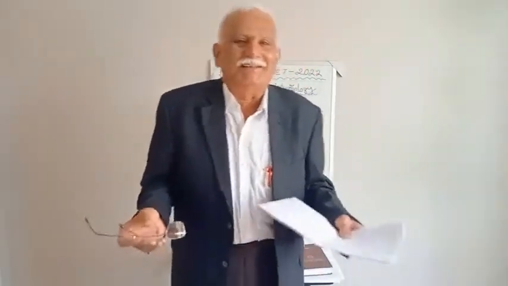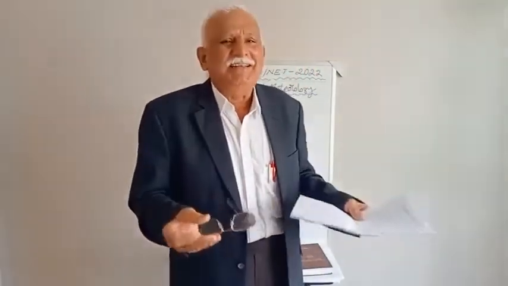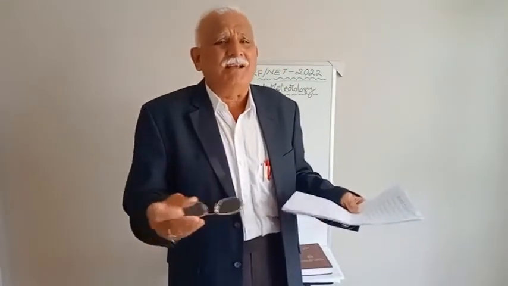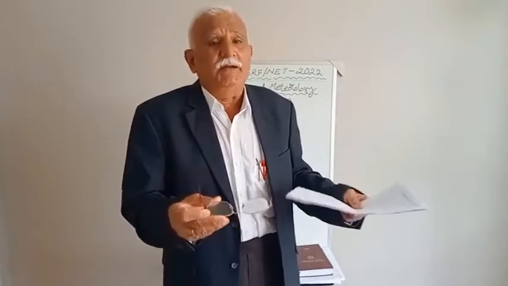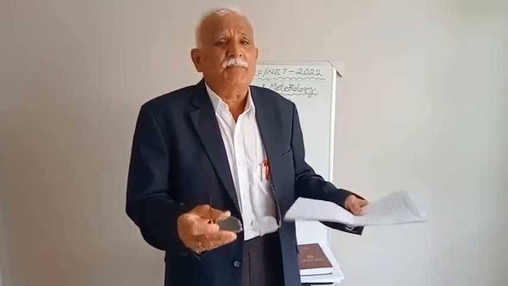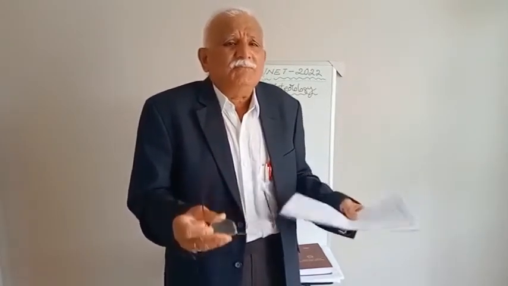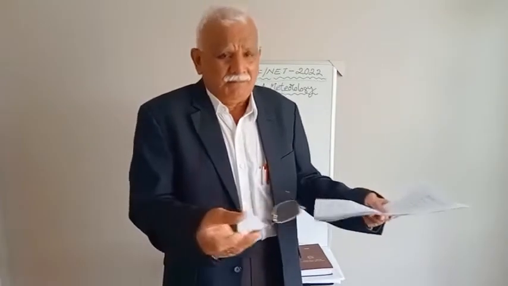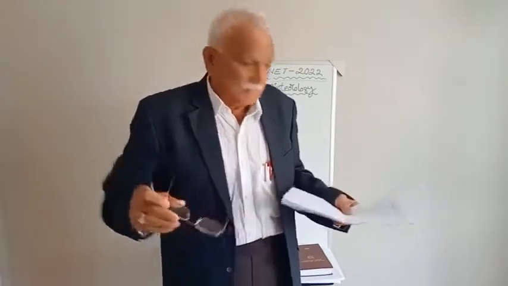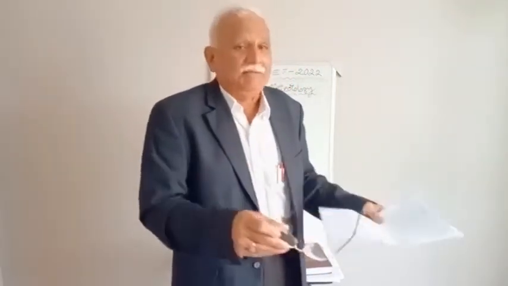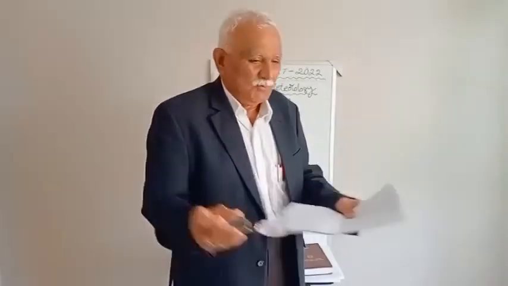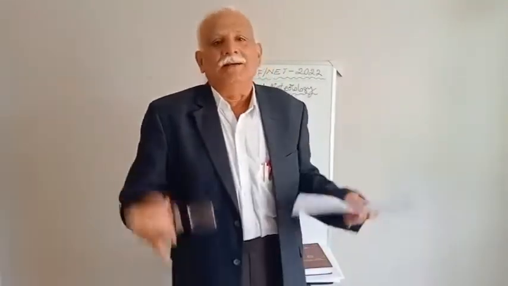What is an eddy? An eddy is a parcel of air or parcel of fluid, maybe air, maybe water, which retains its properties to some extent in the fluid. It has its own characteristics, and it loses them when it moves from one place to another.